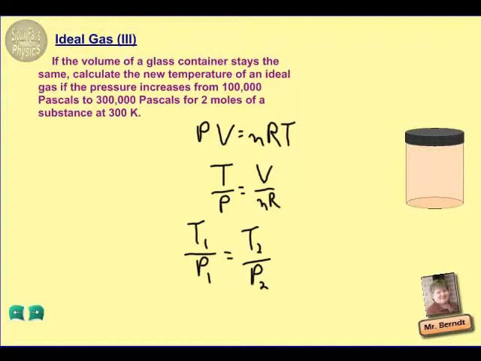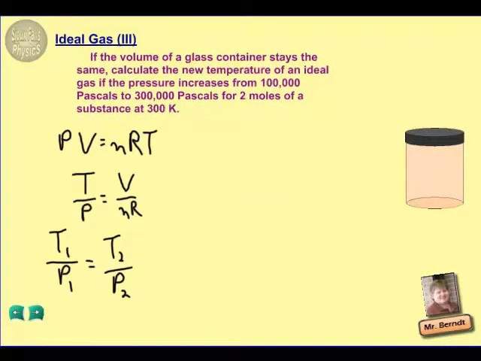At this point, all we've got to do is plug in the values. So, looking at this problem, we know that our starting temperature is 300 Kelvin, and you've got to always be in Kelvin whenever you're using this, divided by our pressure that we started with, which was 100,000 pascals, roughly 1 atmosphere.